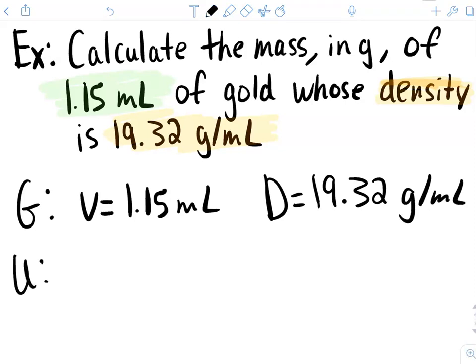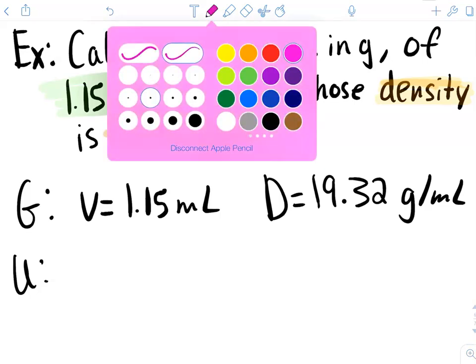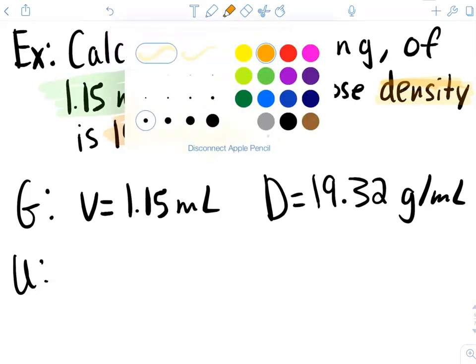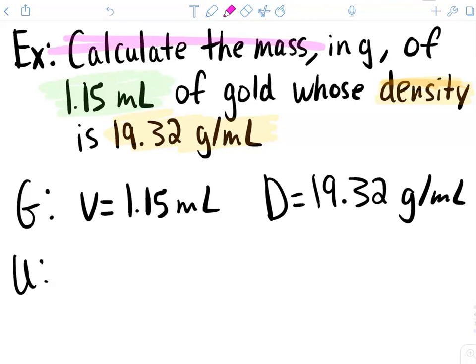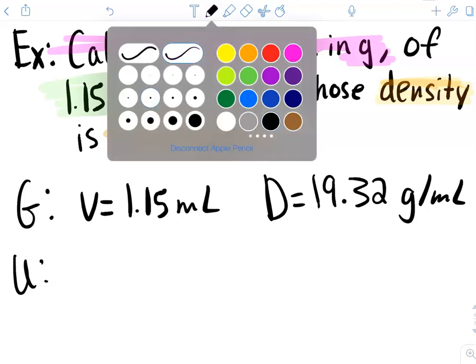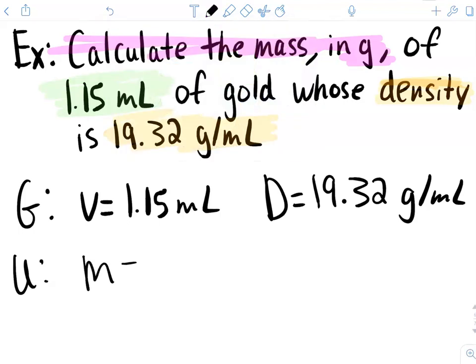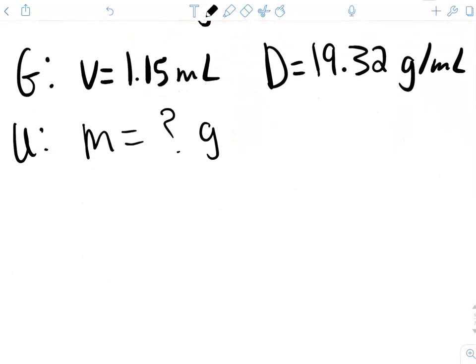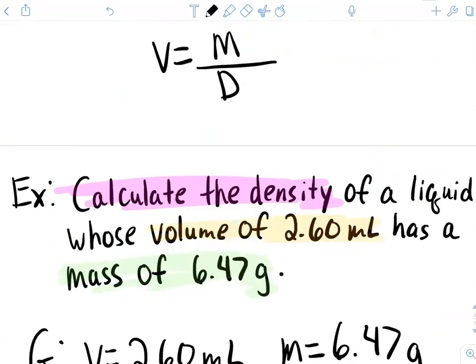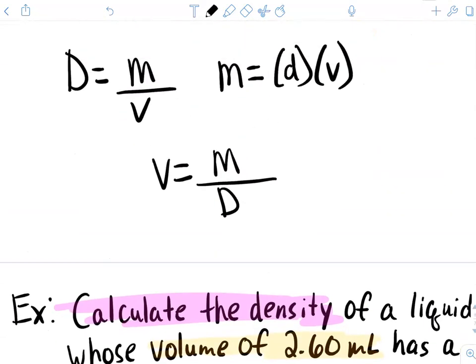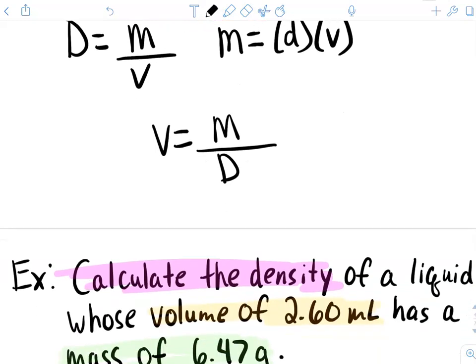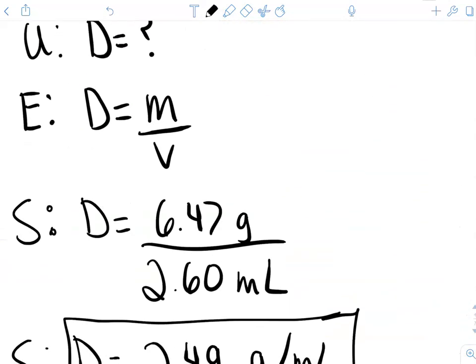The unknown, the thing that I'm trying to find, is this calculate the mass. And they specifically tell me that the mass needs to be in grams. So M equals so many grams. Now my equation, if I go back up to my triangle, if I'm trying to find the mass, is going to be my density times my volume.